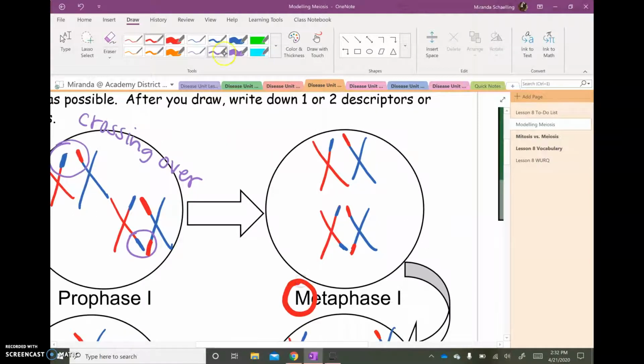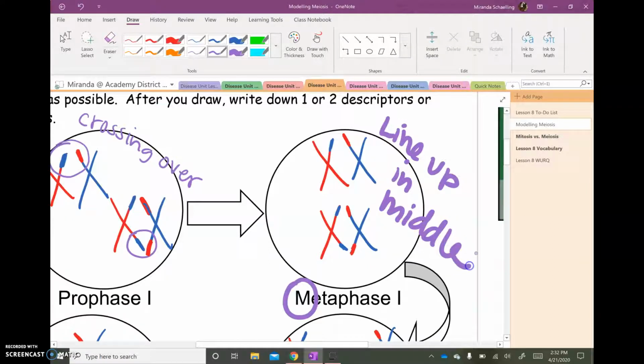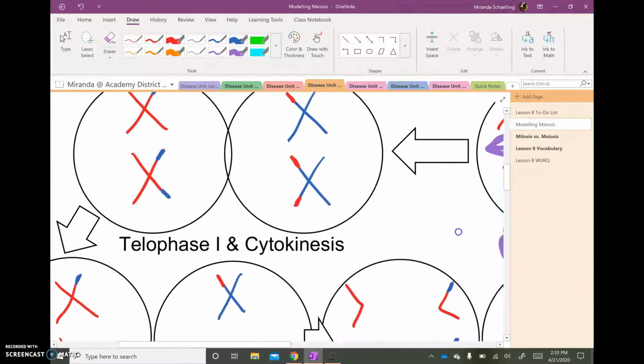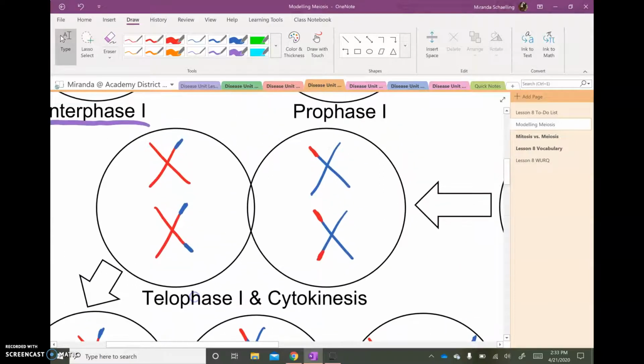Remember, meta means middle. So they line up in the middle of the cell. Okay, then we've got anaphase. Anaphase means away, so they're being pulled apart. And then telophase, cytokinesis, is when they're going to split into two.